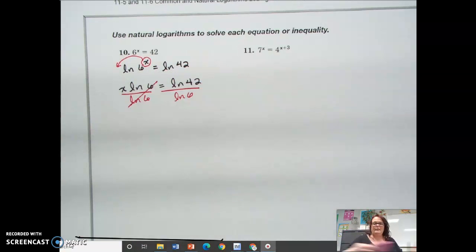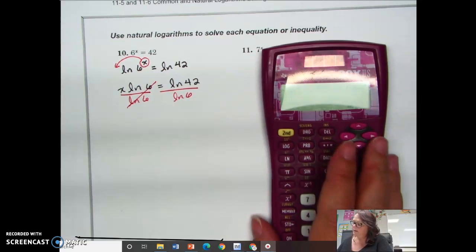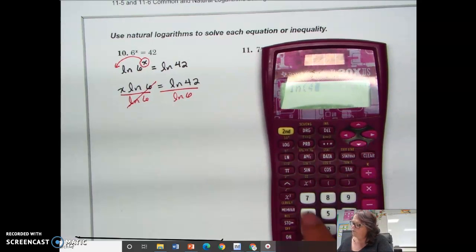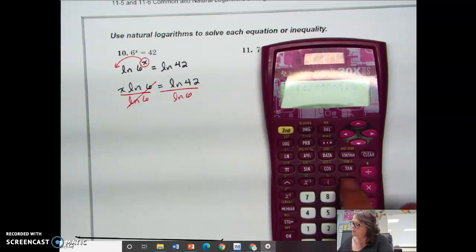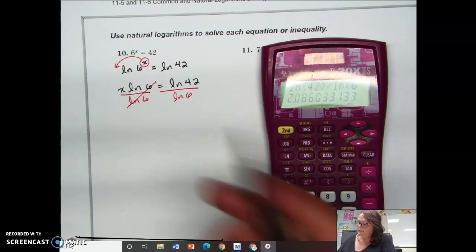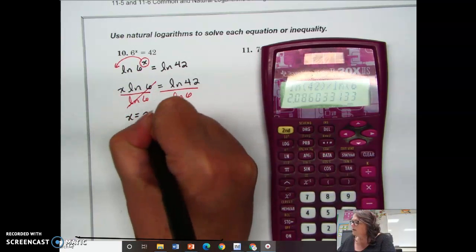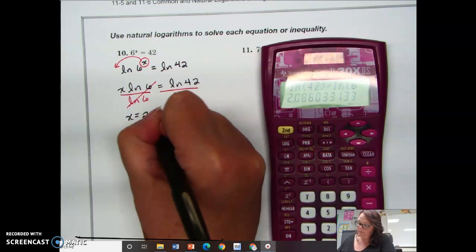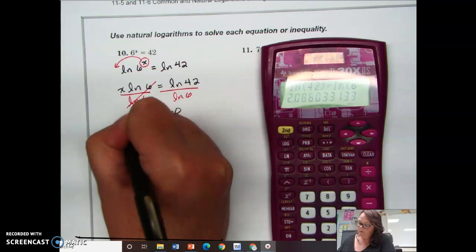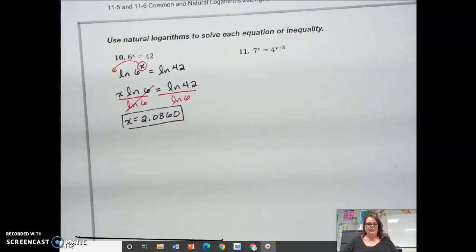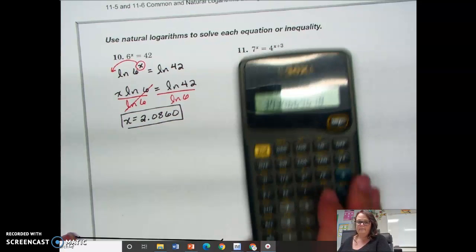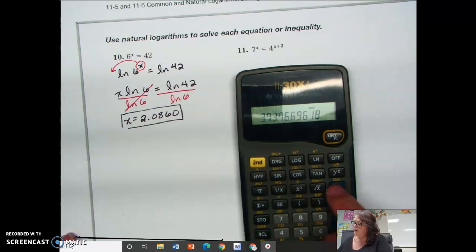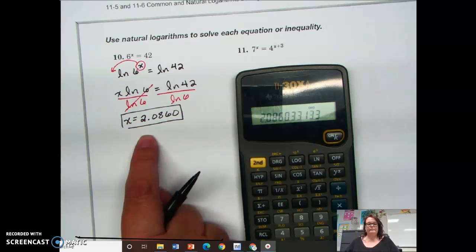And so in my forward-thinking calculator, we're going to have the natural log of 42, close it, divided by the natural log of 6, close it, and that gives me 2.0860. Okay. If I had a backwards thinking calculator, I would do 42 natural log, and then divided by 6 natural log equals, and we get the same answer.